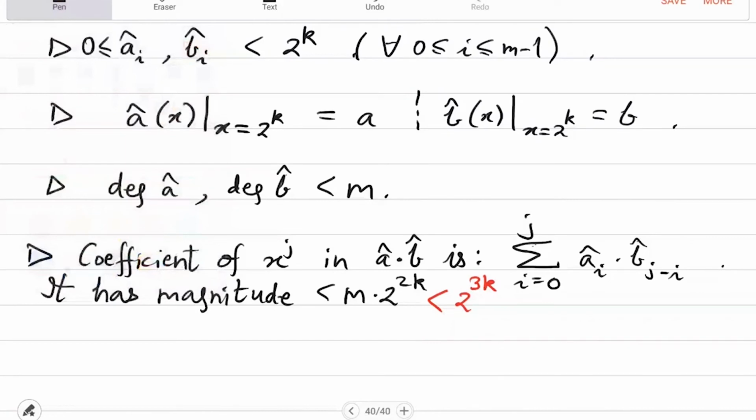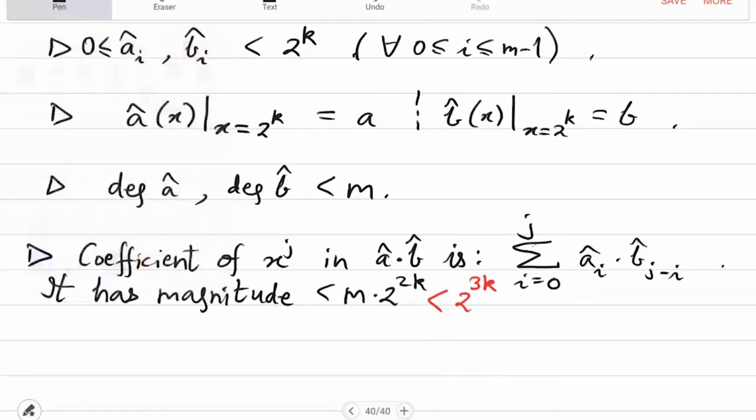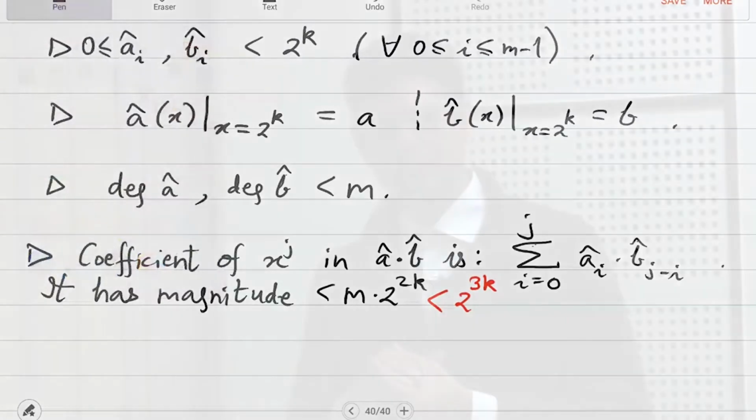So the point is that when you multiply these two polynomials, the coefficients do get bigger, but not by too much. From 2 raised to k, they have only grown by a cube at most, more like a square actually. So once you have computed the a hat times b hat polynomial, how do you get a times b?